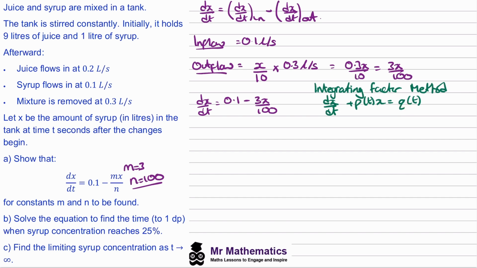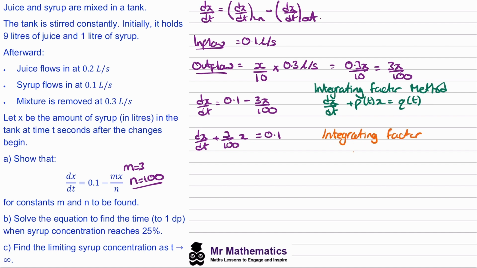So we need to move this negative 3x over 100 to the left-hand side. That will give us something like this. And I'll also split up this fraction so we can separate p and x. So we'll have dx by dt plus 3 over 100 multiplied by x will equal 0.1.